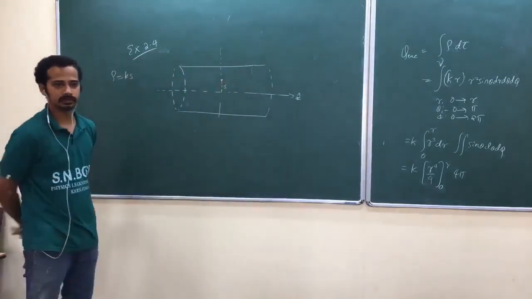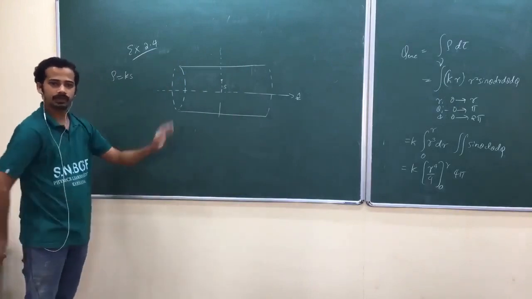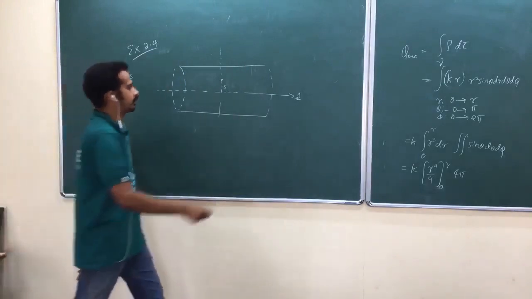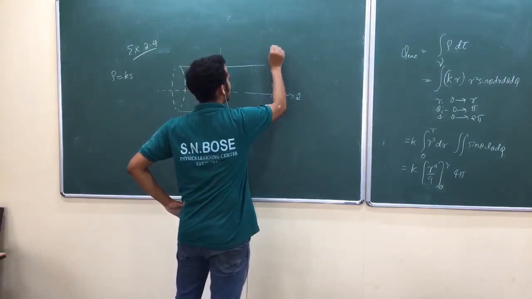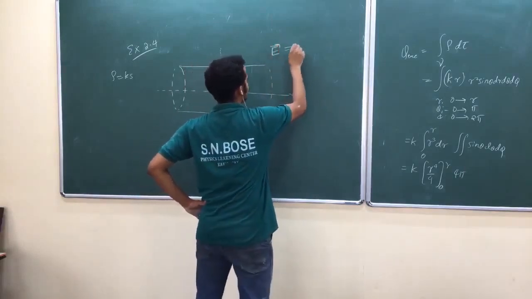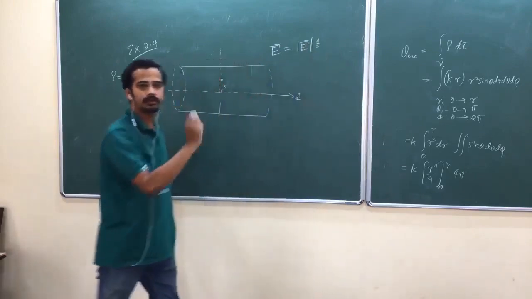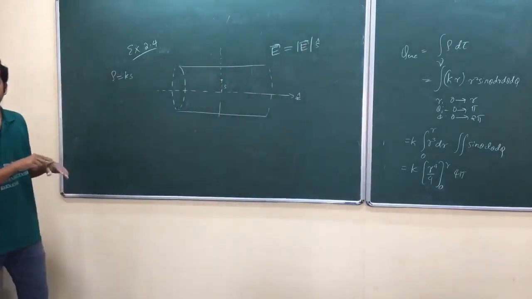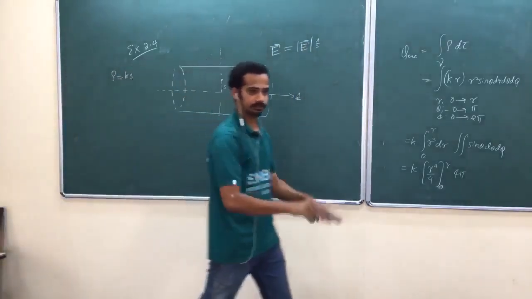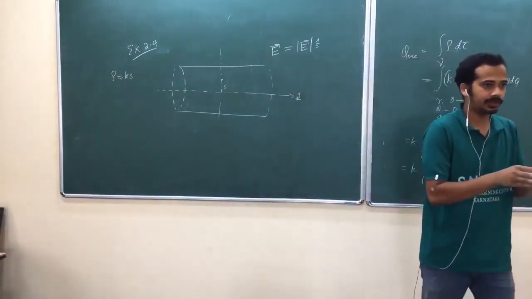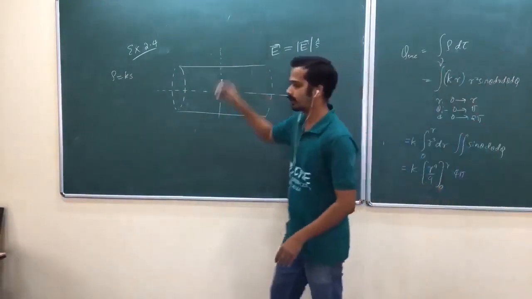You have to imagine like that. Whatever point you take, you can argue like that. That's why the first thing is, at any point, the electric field direction should be s cap according to our cylindrical coordinates, or you can say axially outward. This is the axis. It is axially outward.